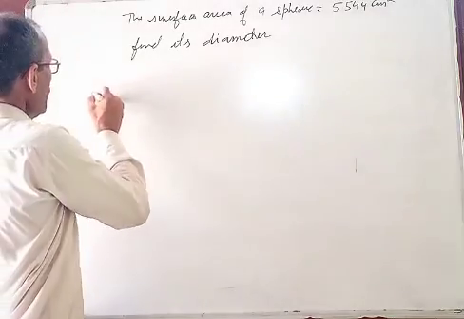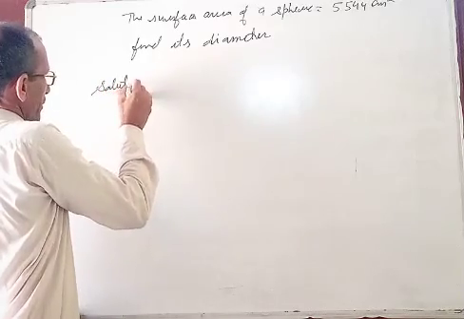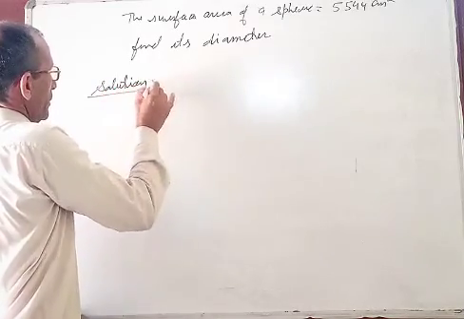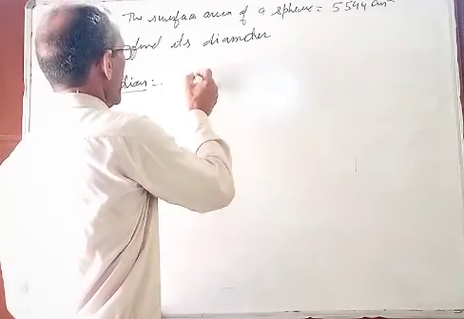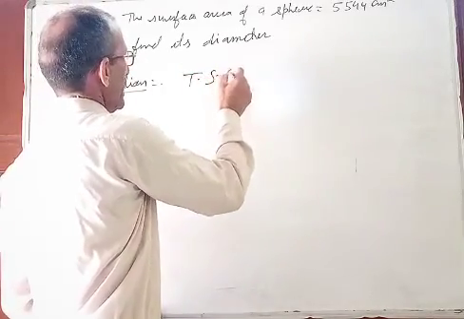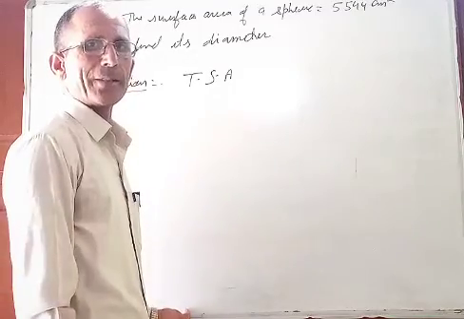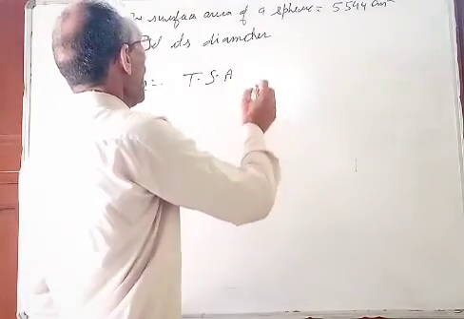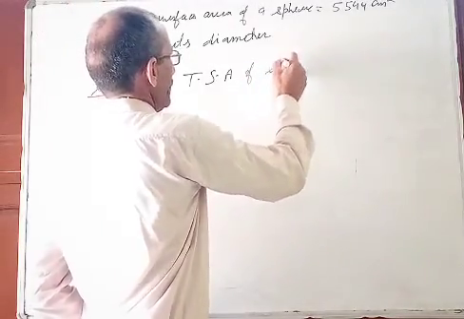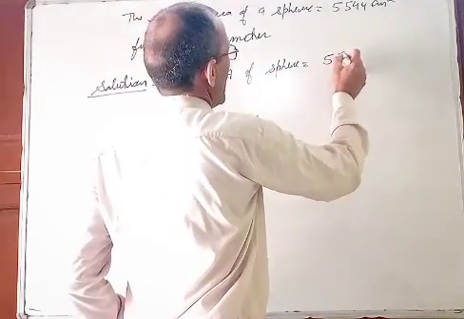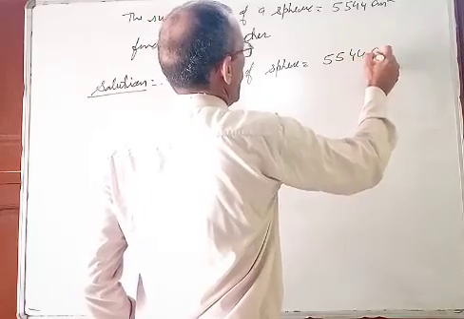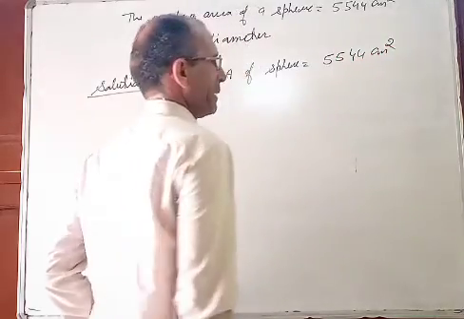So, solution. Total surface area, TSA, of a sphere is 5544 square centimeter.